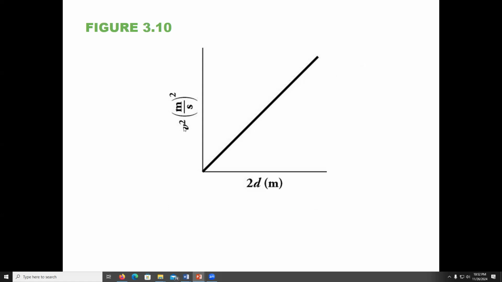So the slope of the velocity squared divided by 2 multiplied by the displacement, that is also going to give you the acceleration. So it's not just velocity divided by time. It's also velocity squared divided by 2 multiplied by the displacement covered.